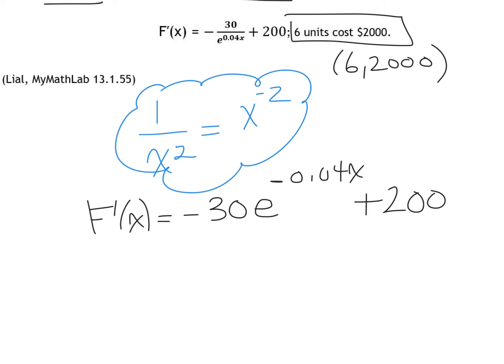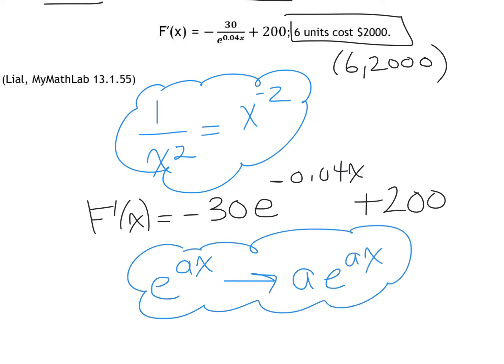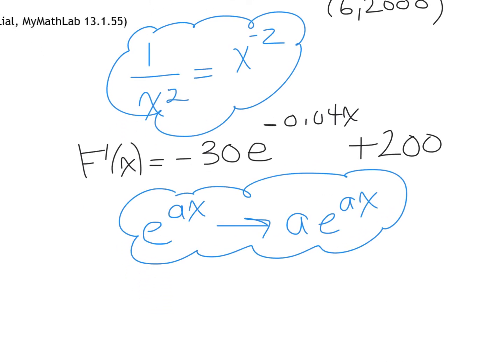Okay, so now we can recall again e to the ax as a function. The derivative is ae to the ax. And of course, the 200, well, that's going to be power rule, like we've done in the first couple of examples.